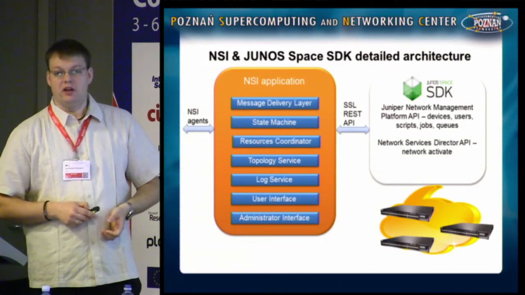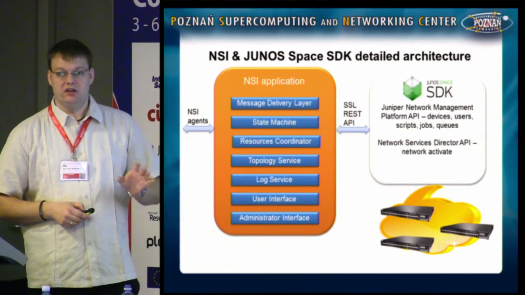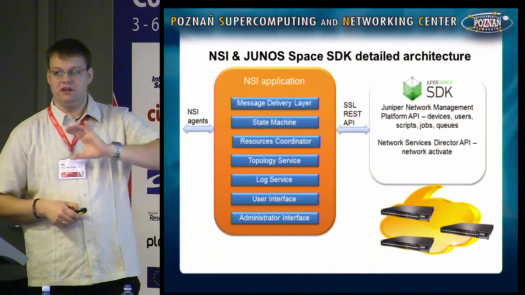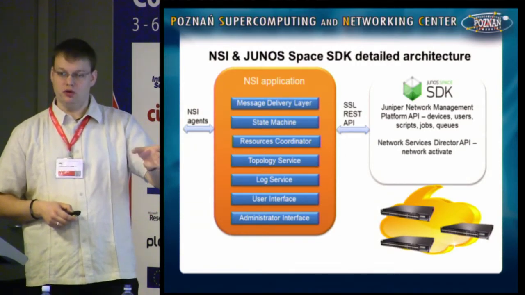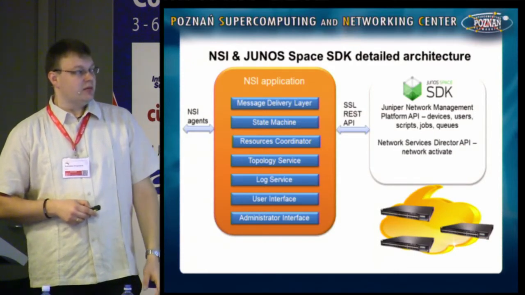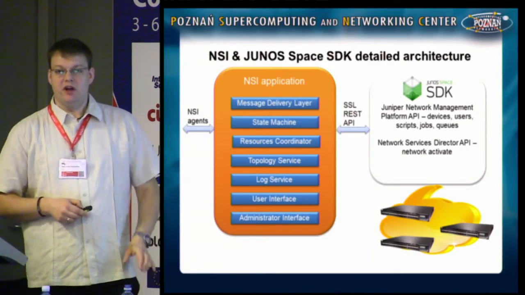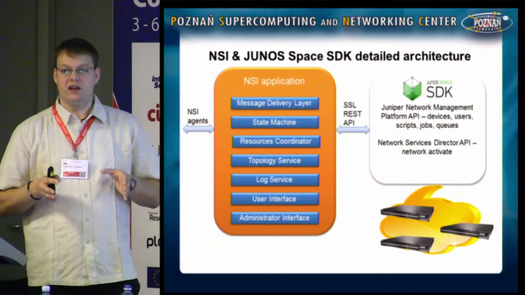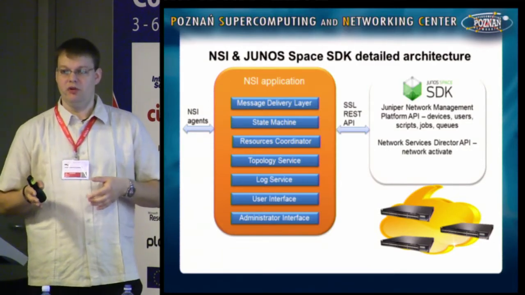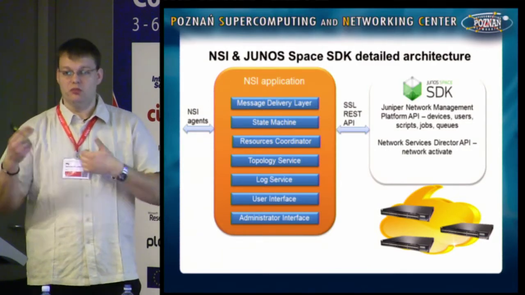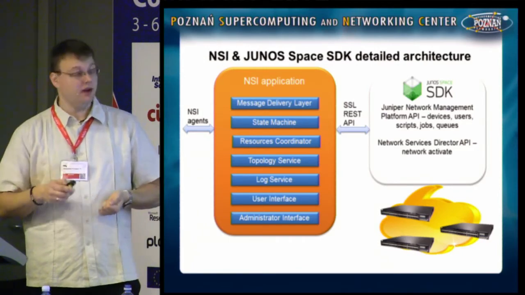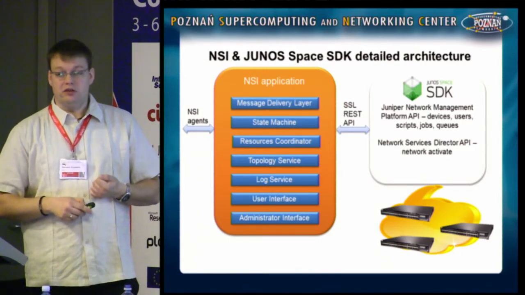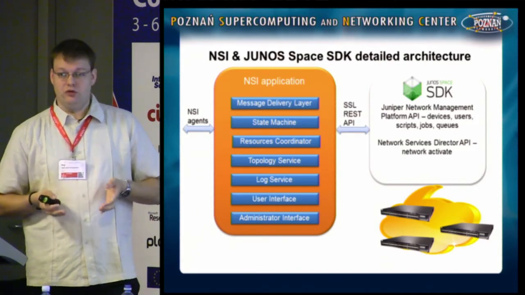This is the overview of the components or modules that were implemented for that purpose in our application. So the message delivery layer is a part of the NSI standard. It's just a layer that assures you that the message was delivered, or you know it was not delivered. The state machine is quite a complex thing. It's the main logic actually, because it decides what to do with the reservation at this moment, based on how you processed it, what messages were received from your neighbors, etc. The resource coordinator is the module that is really configuring the resources.